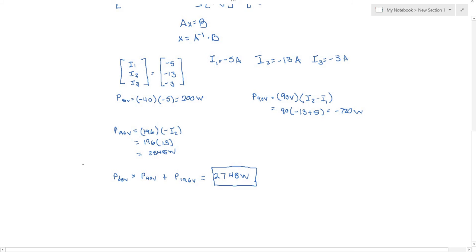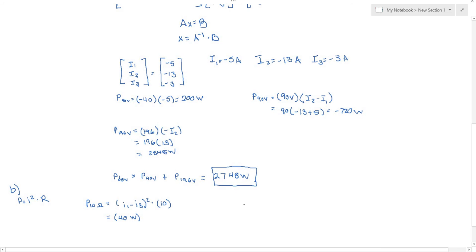Again, we know the current through everything, and the formula, I'm going to write it down again, is P = i squared times R. So let's start calculating. This is part B. The P at 10 ohms is going to be (I1 minus I3) squared times my 10 ohms. You can plug this into your calculator, but this ends up being 40 watts.